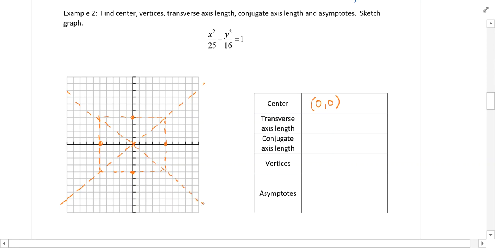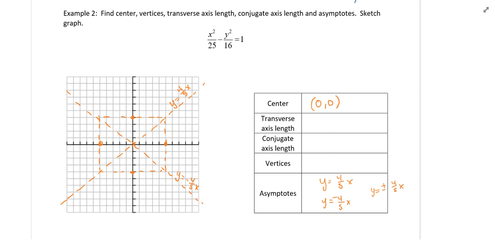Okay. So again, I'm going through the origin. So my slope, I could write y equals, I'm rising 4 and running 5, so 4/5 x and y equals negative 4/5 x. If you wanted to be fancy, you could also write y equals plus or minus 4/5 x. I know, so fancy.